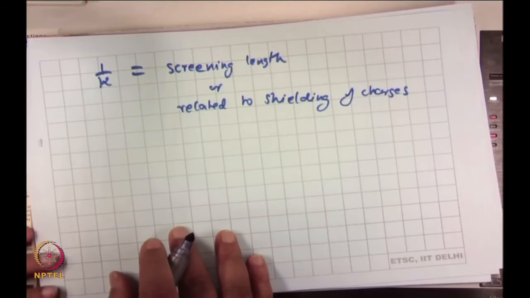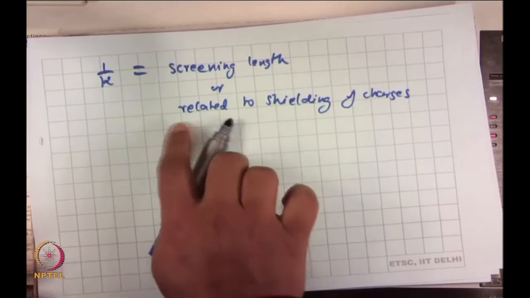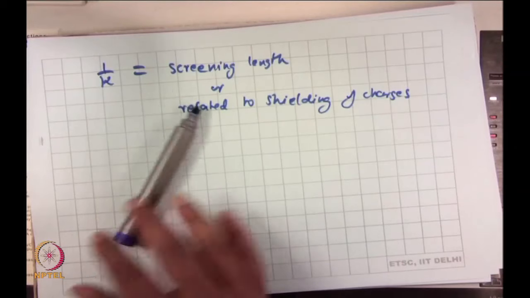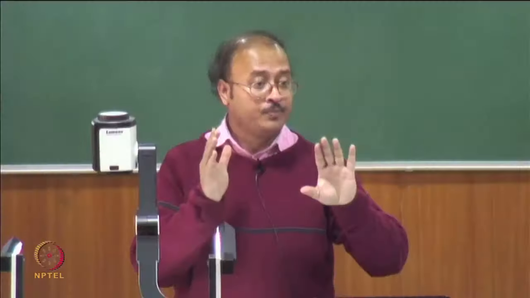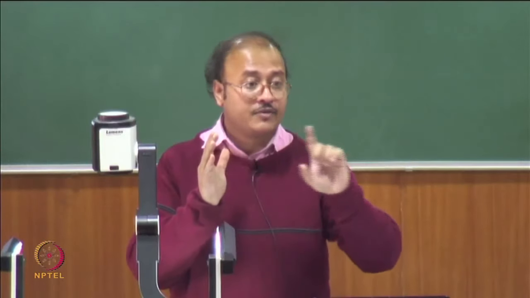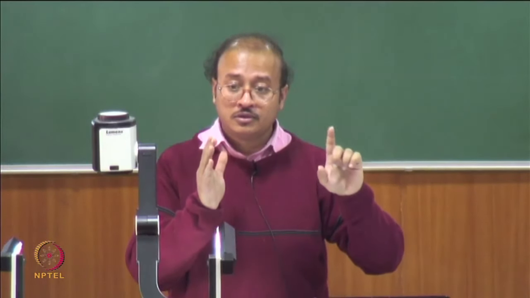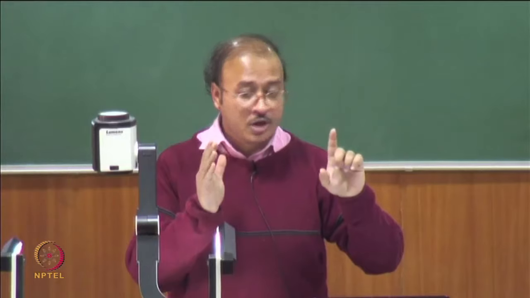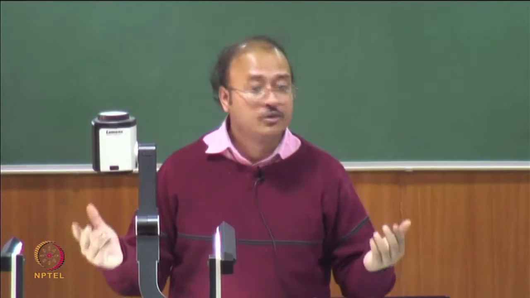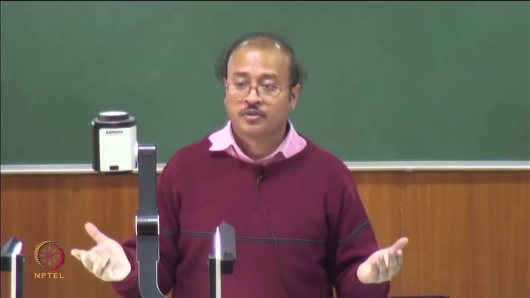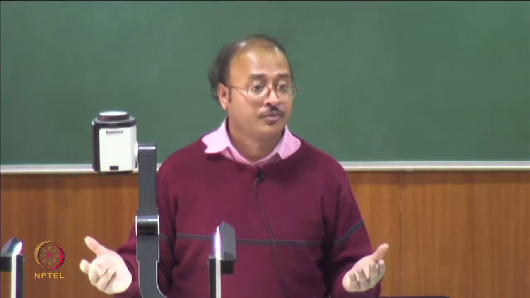What do I mean by screening or shielding? This is what I mean. If you have a plane P here and we are at that Debye length 1 by kappa, it is still feeling some effect of the plane P. You move beyond that length, the effect is no longer there, right. The effect is absolutely no longer there.